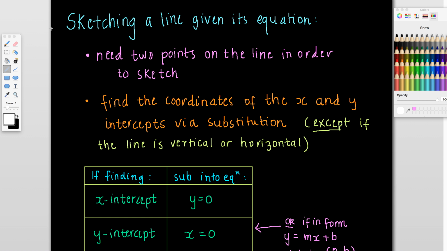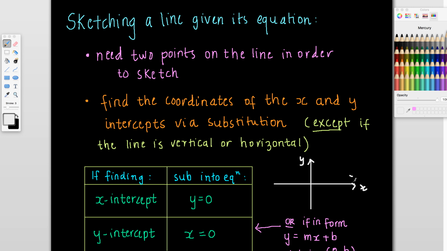So the key thing to remember if you are looking for X and Y intercepts is that you want to consider what value the X or the Y will have at that particular intercept. As an example, the X-intercept is always going to occur where Y is equal to 0. The reason is, if I do a quick little sketch here, of course the Y-axis is here, X-axis is over here.